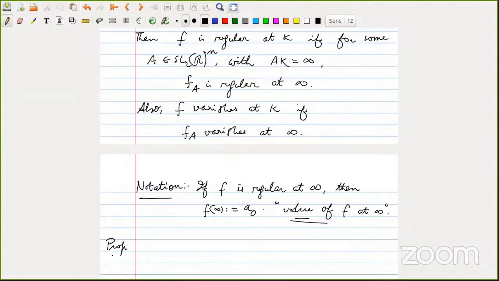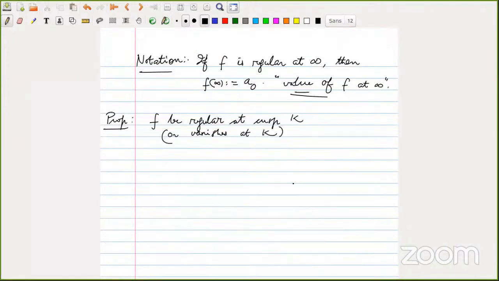Okay, so here is maybe what you want to call a proposition or an observation. Suppose f is regular at the cusp called kappa, or vanishes at kappa. Then the same applies to all the other equivalent cusps.